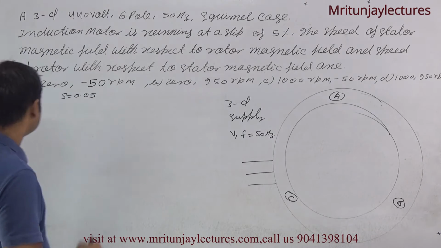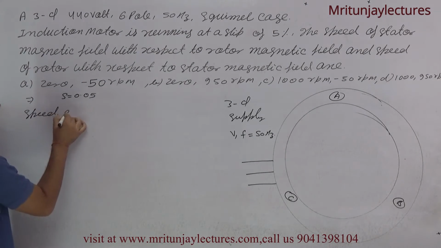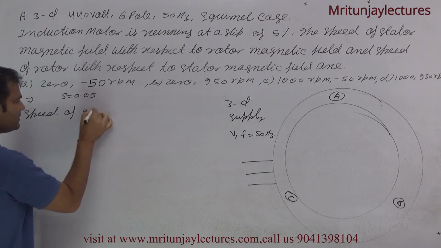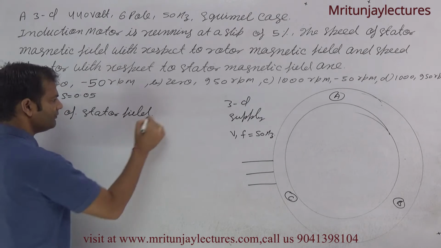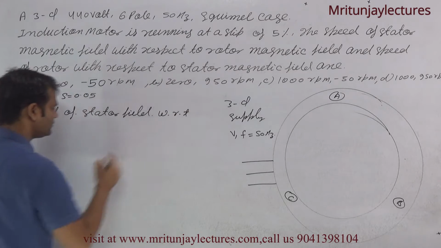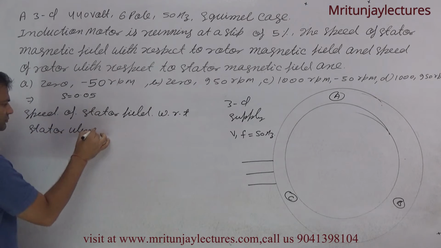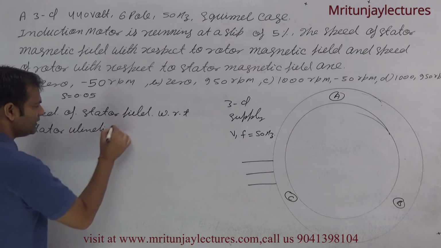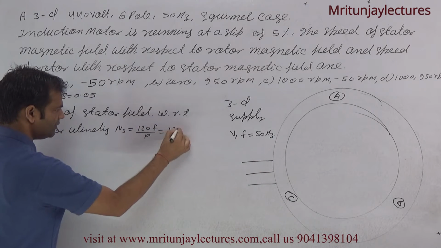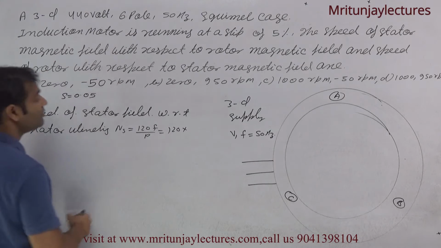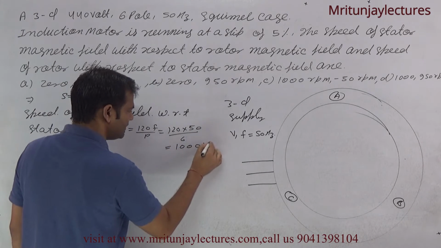So the speed of the stator field with respect to the stator winding is Ns, equal to 120 f by P. So 120 times 50 hertz divided by 6, finally 1000 rpm.